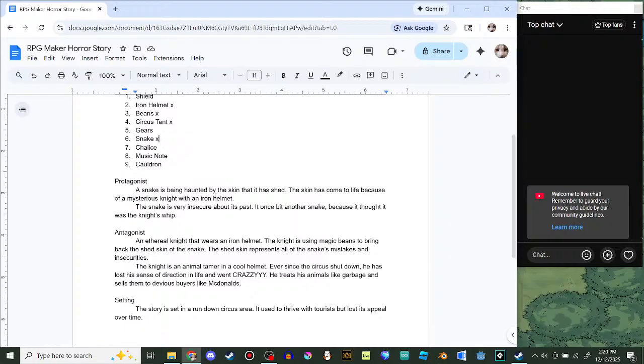I also have to translate this idea into gameplay. God, I wish my drawing tablet actually worked.